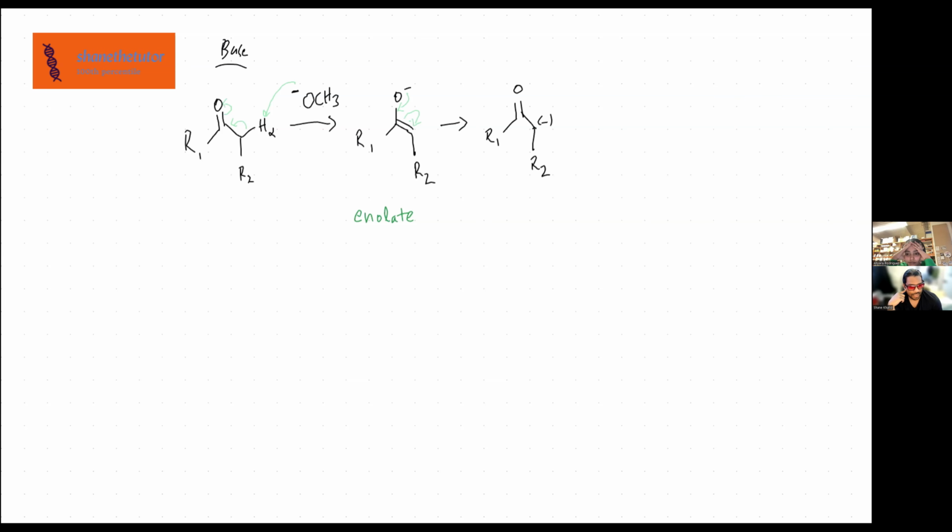And when it does that, it will create a beta hydroxy carbonyl compound.